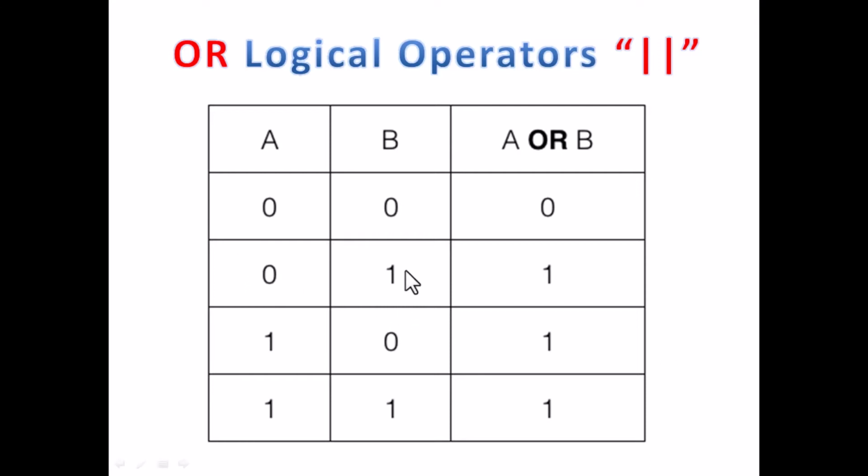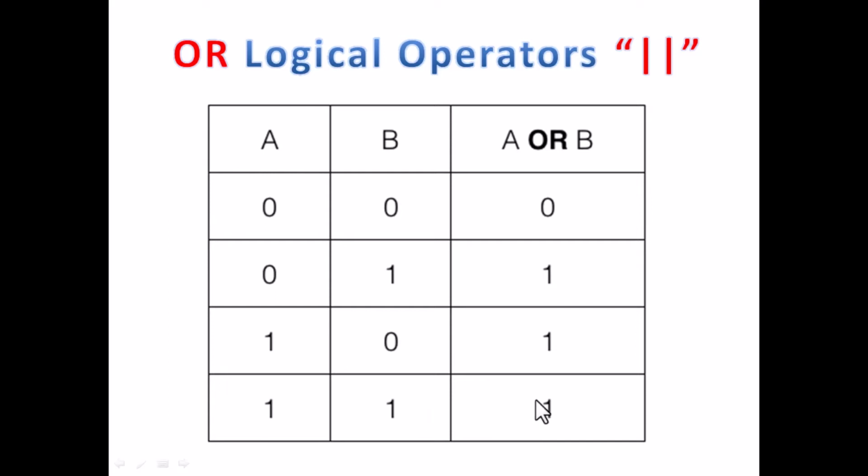So if there is truth in either the first or second input, there is definitely going to be a true output. That is why you see 0 here, but you see 1 here, and that is why it gave us 1, which is true. And the first input here is 1, the second is 0, it also gave us true. Now the last one says the first input is 1 and the second input is 1, so it will definitely give us 1. Okay, that is that for the OR gate.